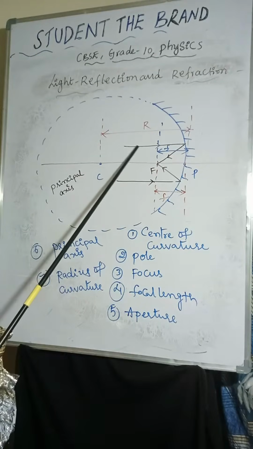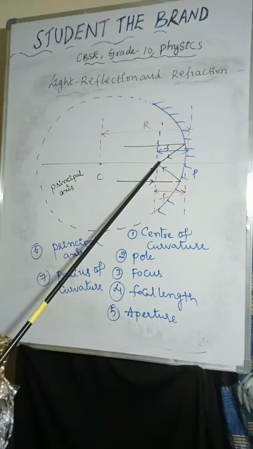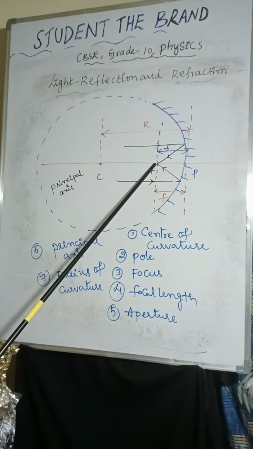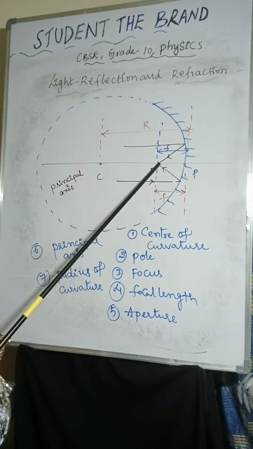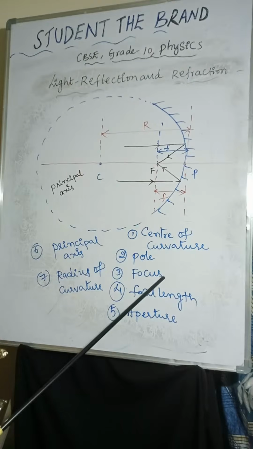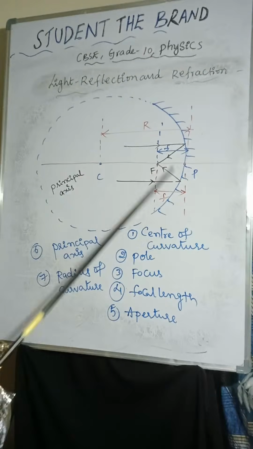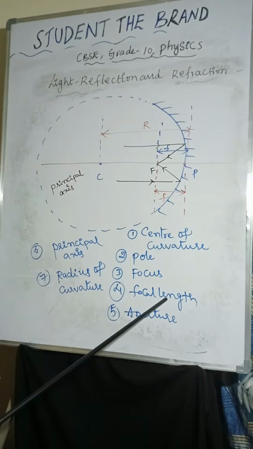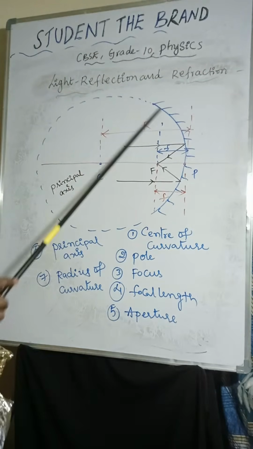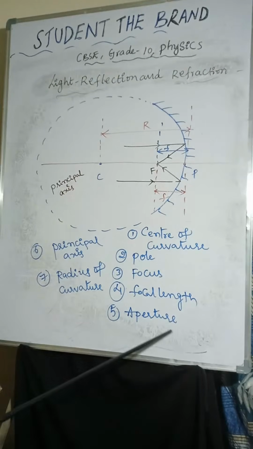The light rays coming from infinity, after reflection, meet at one point. That is called the focus, capital F. The distance between focus and pole is called the focal length, small f. And the width of the mirror, this total reflecting surface, is called the aperture.